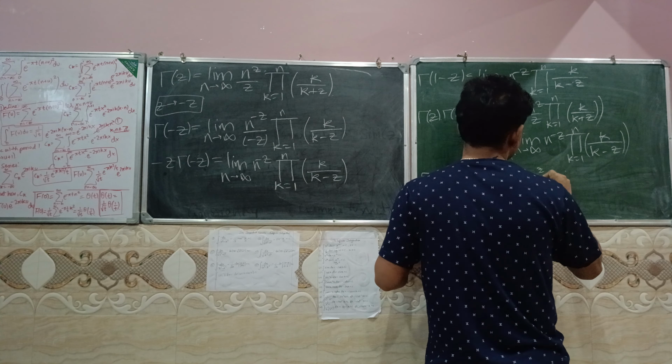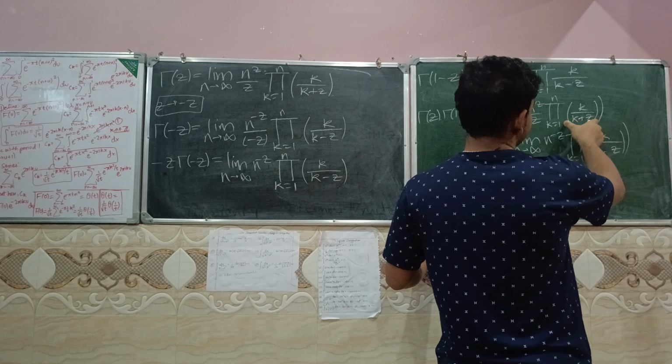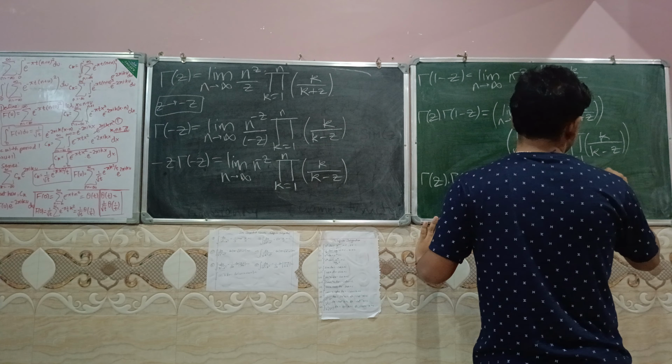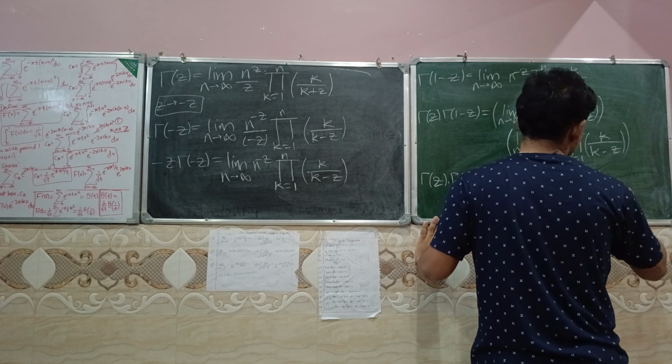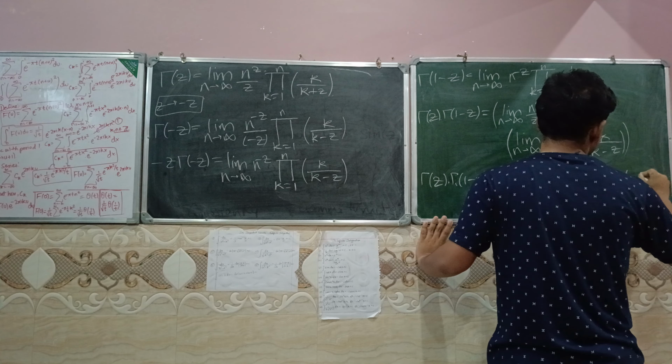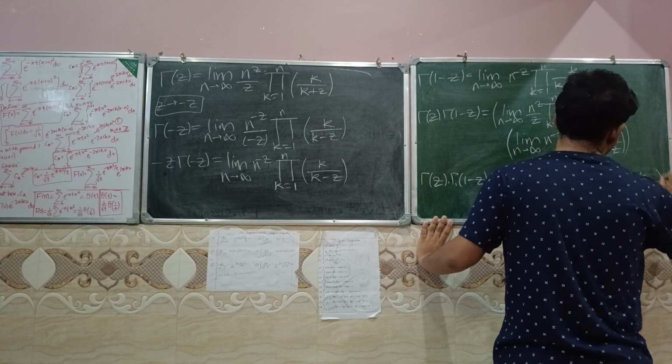over z, this factor, and then the product, because both products are going from k equals 1 to n, so we can just consider this single product, and their arguments are going to multiply to each other. So it's k over k plus z times k over k minus z.